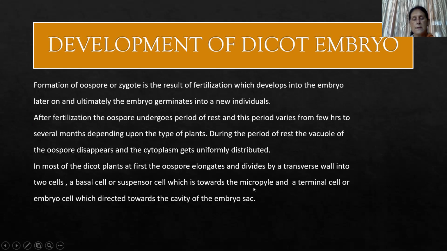The other, at the end away from the micropyle, is called the terminal cell or embryonal cell. The embryonal cell is always directed toward the cavity of the embryo sac.